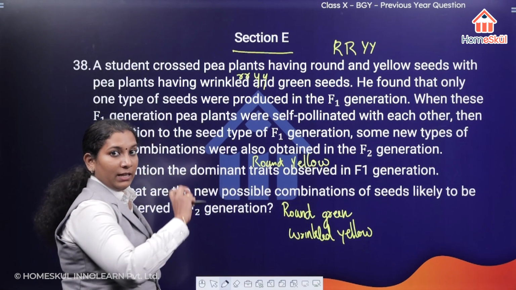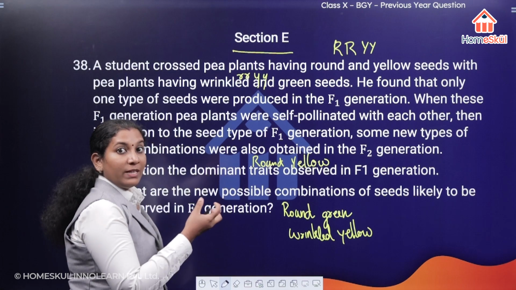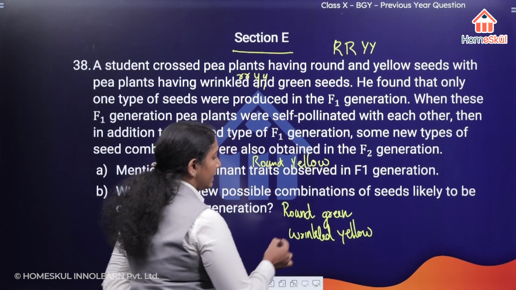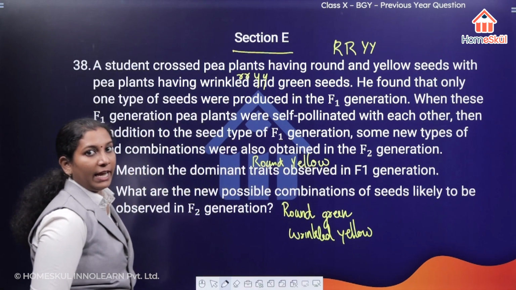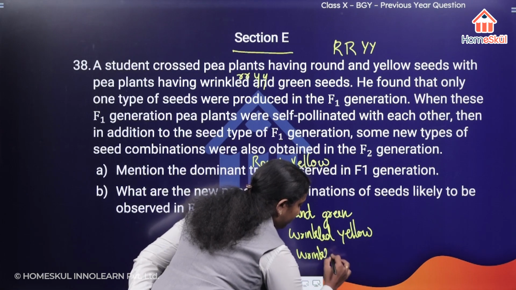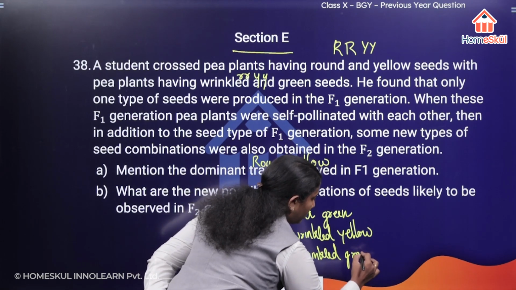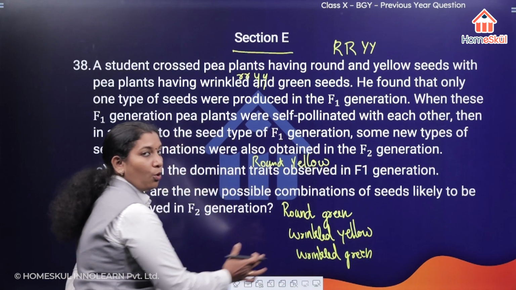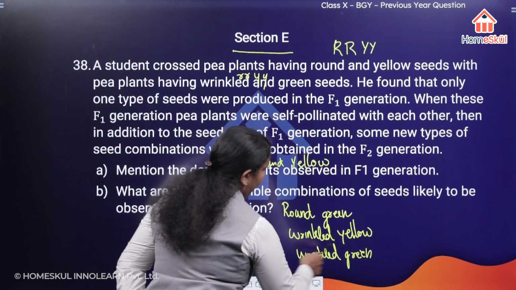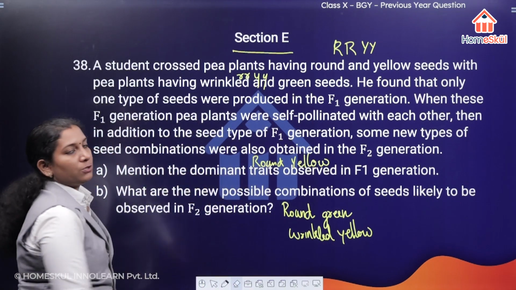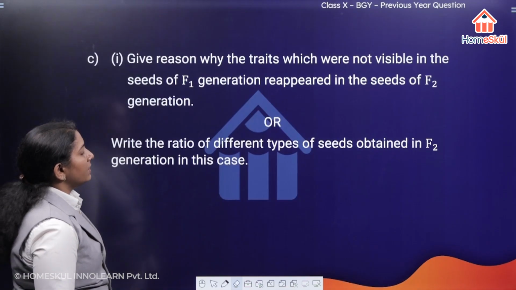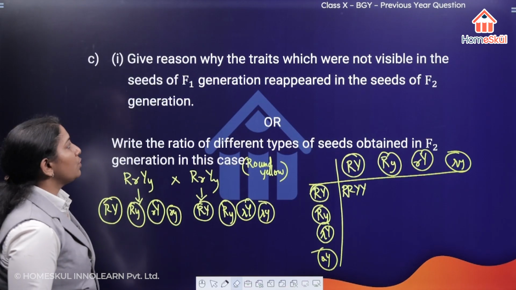After the F2 generation, we'll get new phenotype combinations like round green and wrinkled yellow. Then wrinkled green also we will get, which is completely homozygous recessive. That is actually a parental character. So the new combinations are these two phenotypes, round green and wrinkled yellow, that will be observed in the F2 generation.